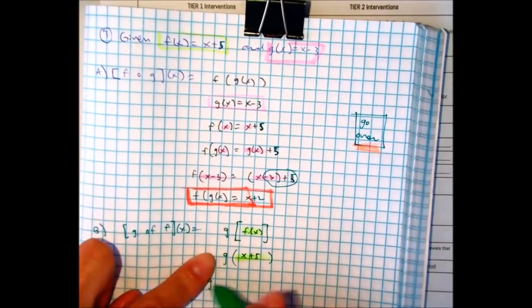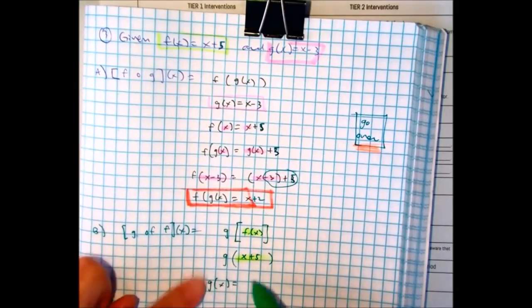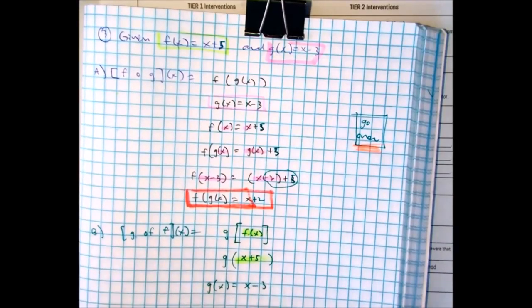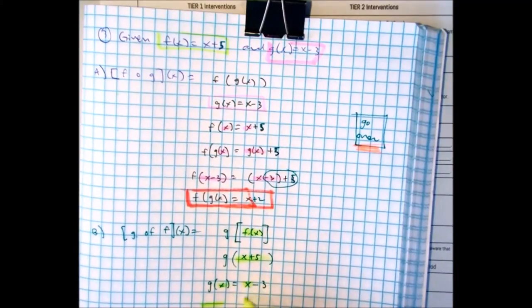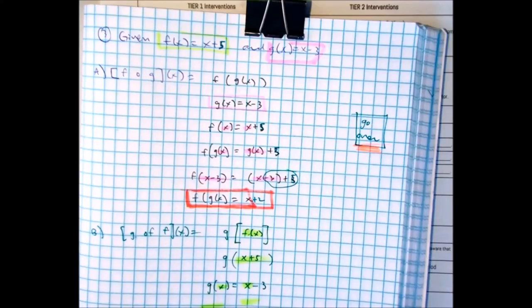Let's write g of x now, which is x minus 3. And every time I see x, we're not going to write x anymore. What are we going to write, class? X plus 5.